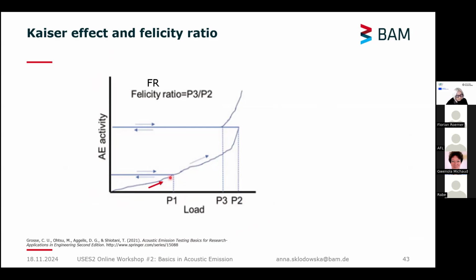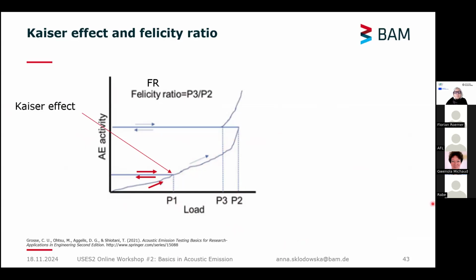So let's say we go to a moderate load level P1. Afterwards, when we do unloading and reloading again, there is no new acoustic emission observed, obviously having in mind that we have the same sensitivity level and the same threshold. And this happens until we reach the previous maximum load P1. When we overpass it, we start to have new acoustic emission happening.